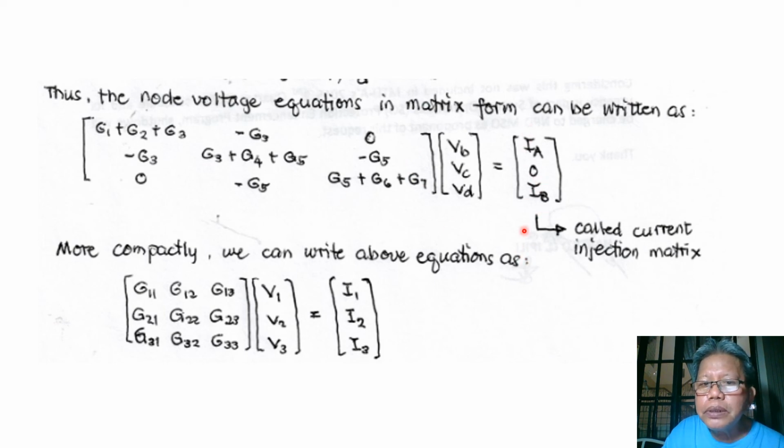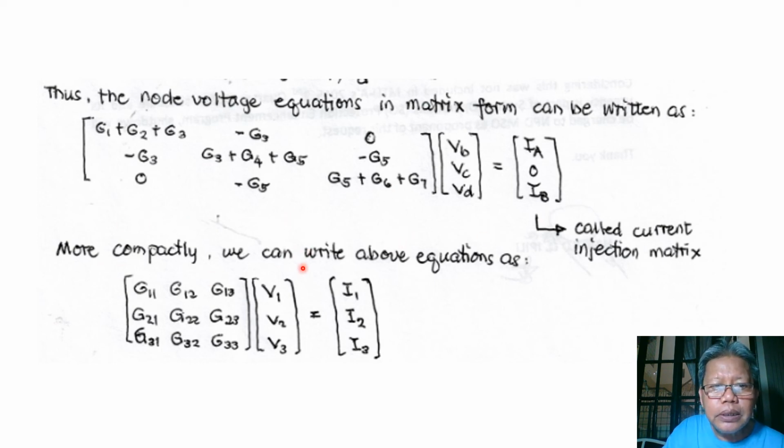We notice here that at the right side we have currents, and we call them current injections, because as we have seen, IA is towards node B, while IB is towards node D. So we have these as current injections coming from battery A and from battery B.